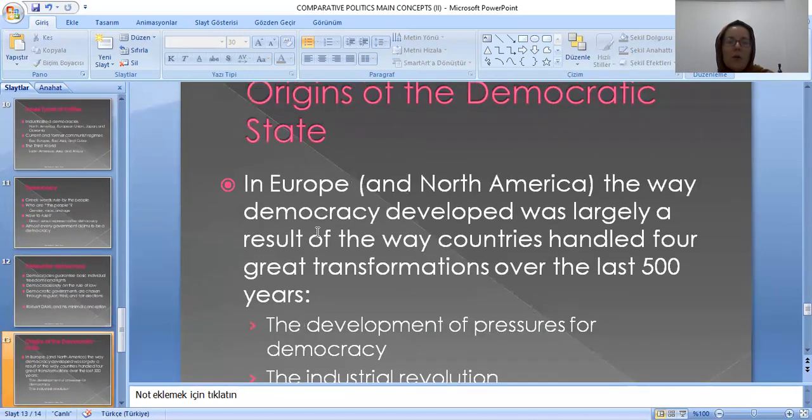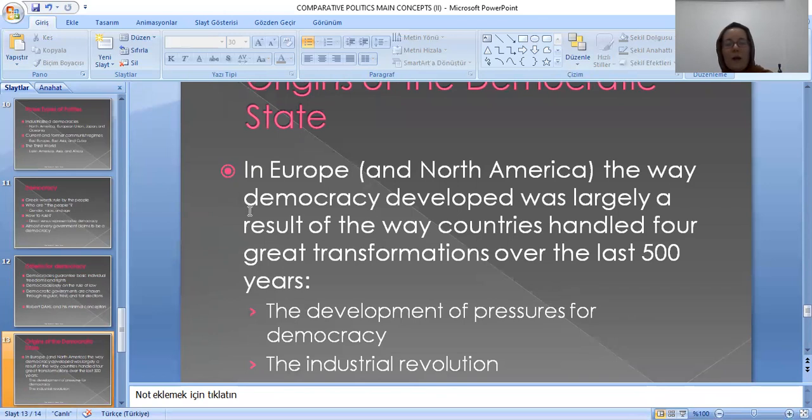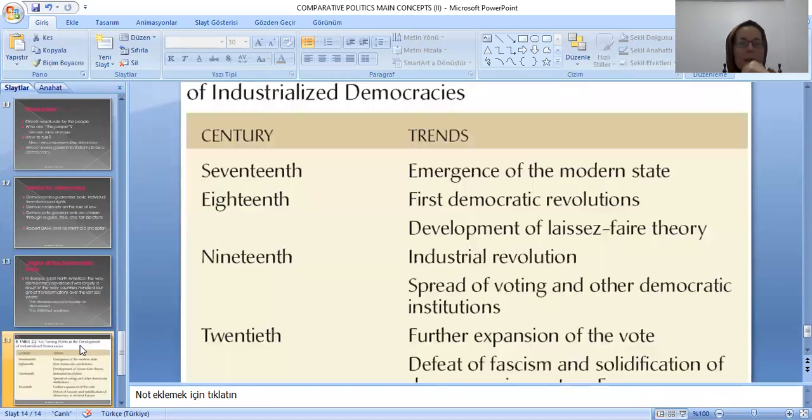Origins of the democratic state. In Europe and North America, democracy developed largely as a result of the way countries handled four great transformations over the last 500 years. Some of these transformations are about the development of pressures for democracy and the industrial revolution, we can say.